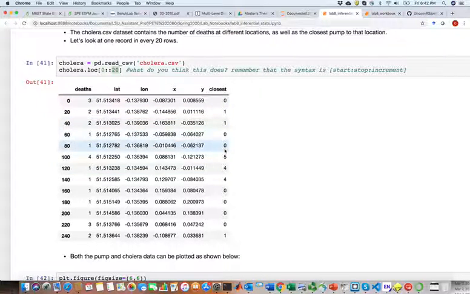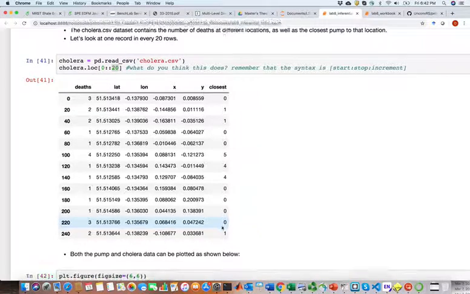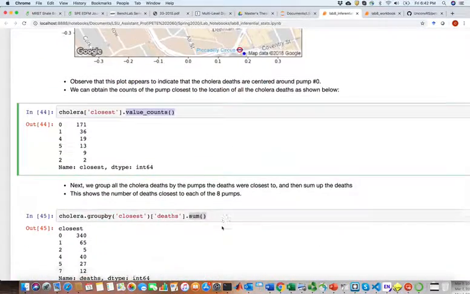But the number of times pump 0 shows up is not the total number of deaths, right? That's important to be cognizant of. So first thing I do is to show the number of times the pumps show up. So 171, but it doesn't mean 171 people died due to cholera.